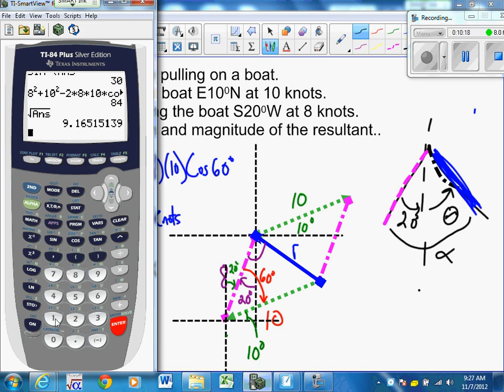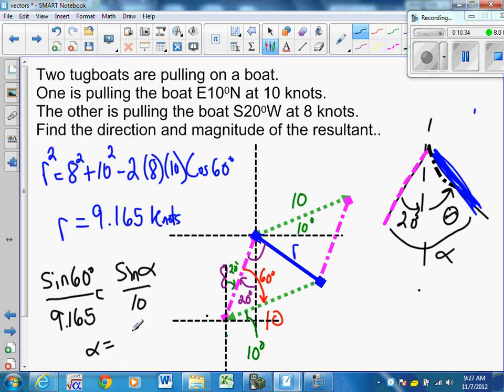So if we do that on the calculator, 10 sine of 60, divide by that, inverse sine of my answer, I get my alpha to be 70.89. So this alpha over here is my 70.89. But that means my theta is 50.89.